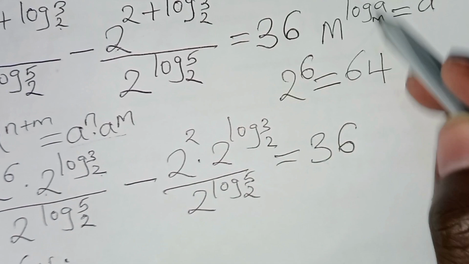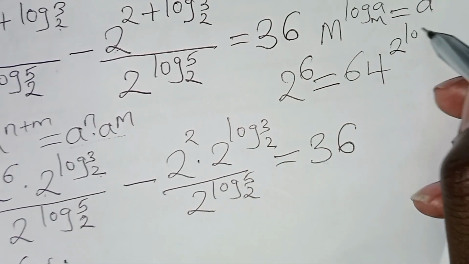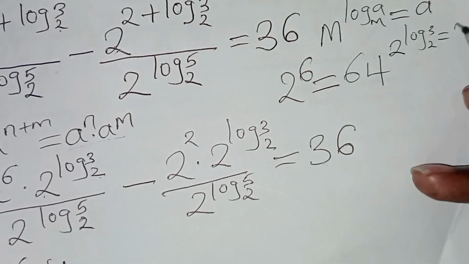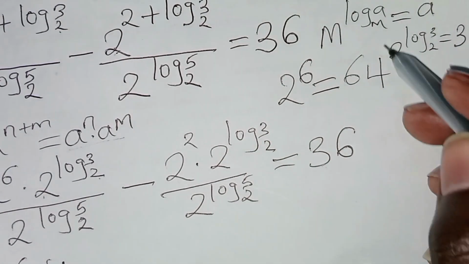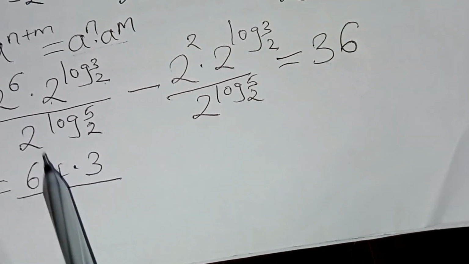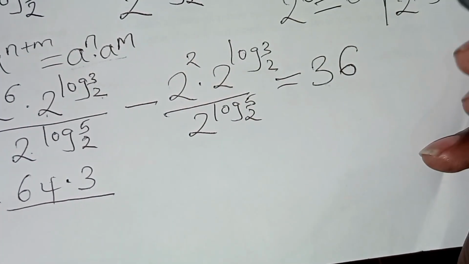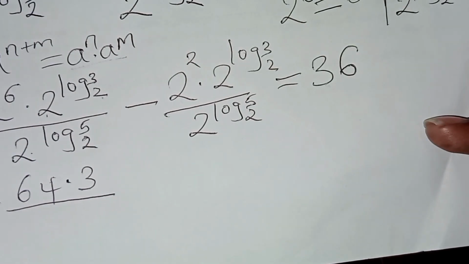Applying this logarithm property, 2 to power log 3 to base 2 is essentially equal to 3. So we'll have 64 times 3 divided by 2 to power log 5 to base 2, which is actually equal to 5.